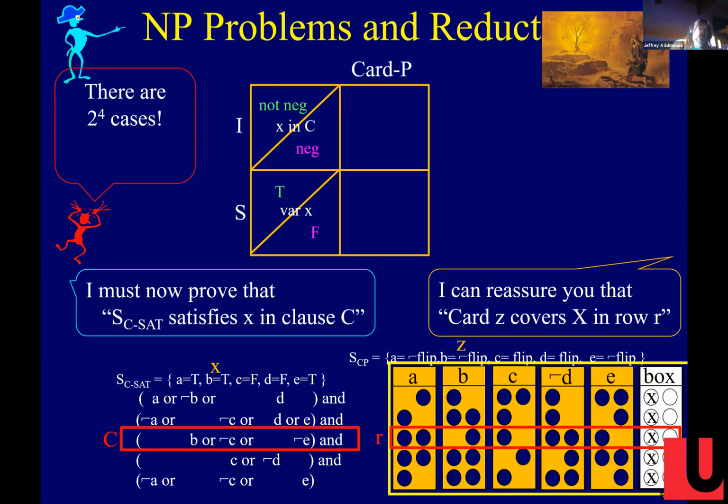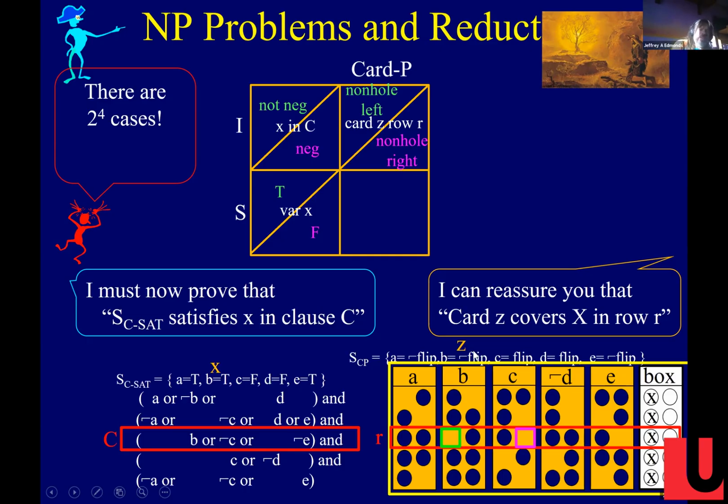Right? Now, again, let's go to the card problem. We have a particular set of cards, and a particular card we're talking about, and there are 2 cases. There might be a hole in the left of the column that we care about, right?